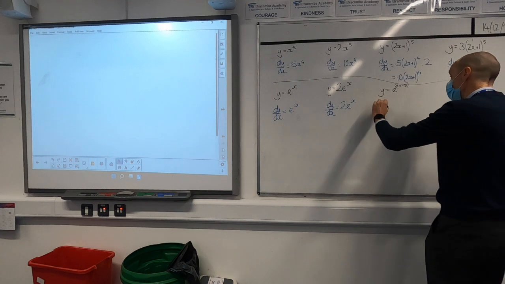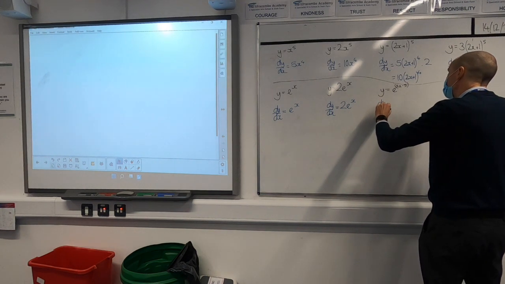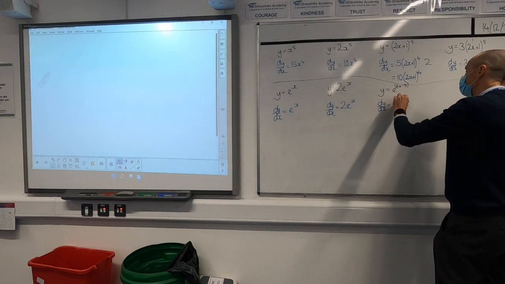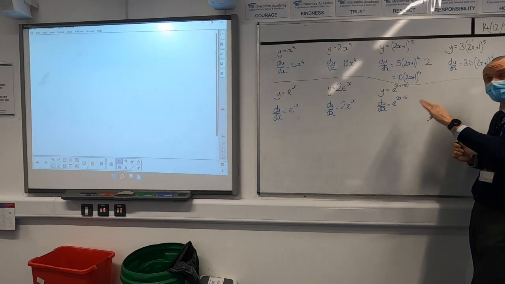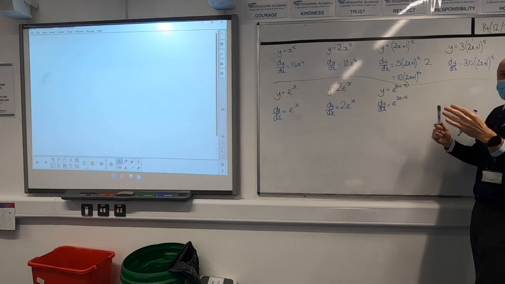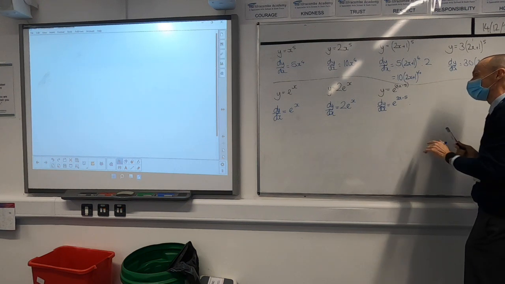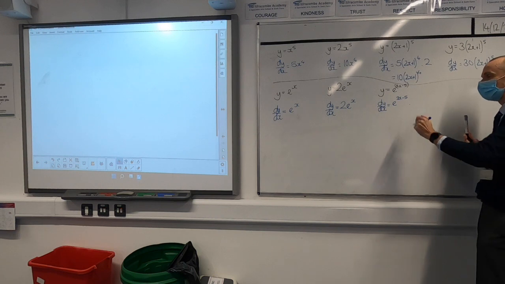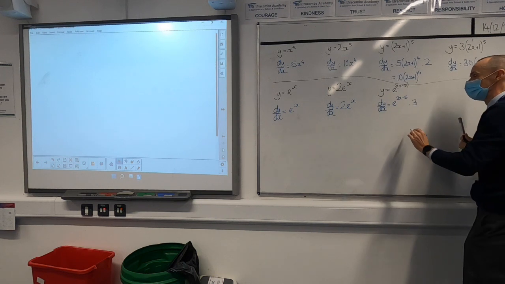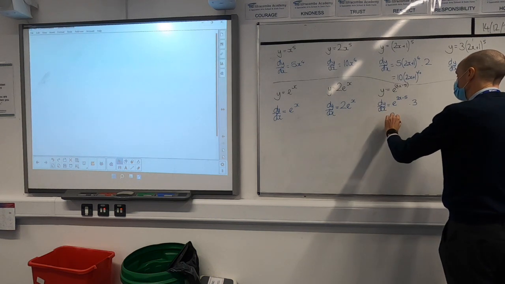We say, okay, so I know when I differentiate e to the power of something, it doesn't change. But because this time the power is more complicated than just x, I have to multiply the whole thing by what you get when you differentiate that, which in this case is 3. So I get 3.